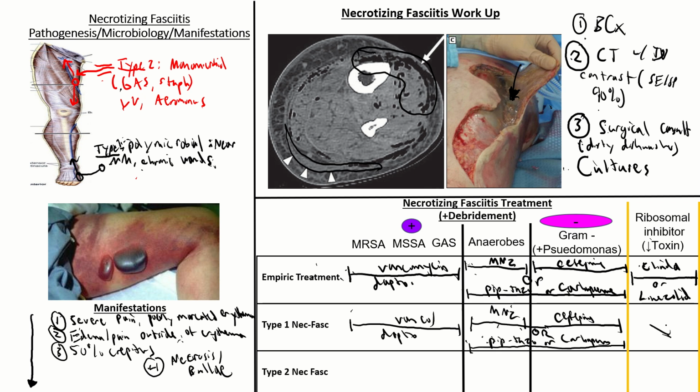Now, you do not need to use a ribosome inhibitor, as type 2 necrotizing fasciitis is the one that you need to do a ribosome inhibitor with.